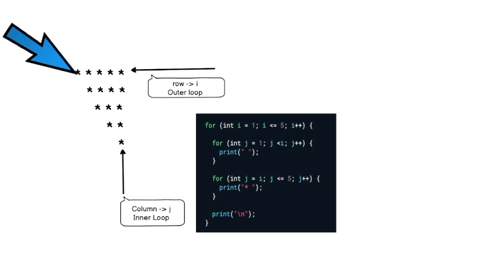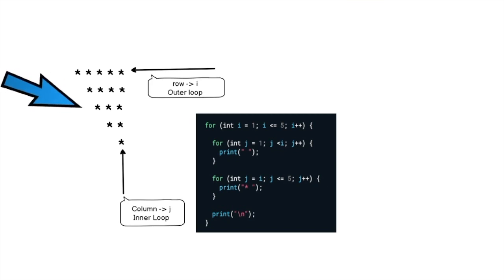On the first row the value of i is 1 and we want 0 empty spaces. On the second row i is 2 but we want 1 empty space, so i minus 1 again. On the third row we want 2 empty spaces, and i is 3 minus 1. It goes like that similarly.